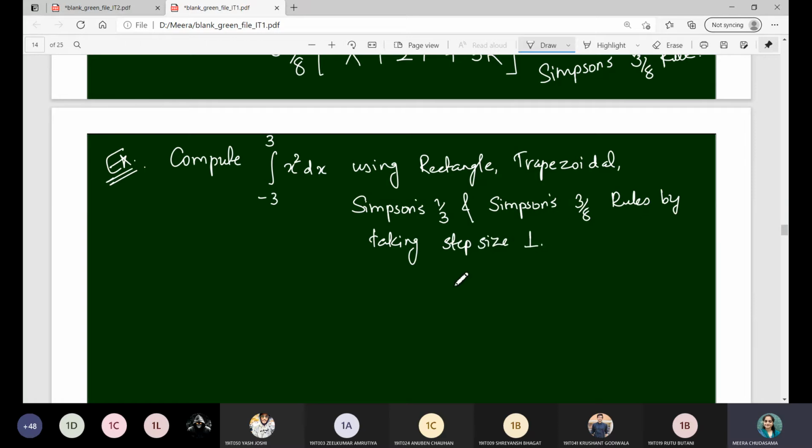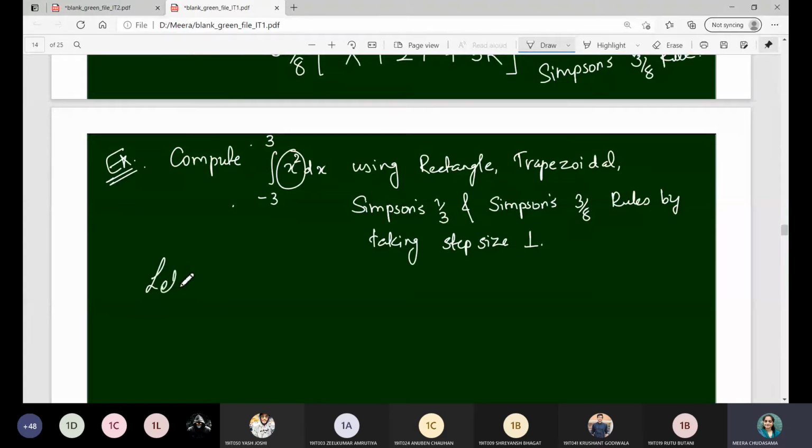So if you observe, we are just given the upper limit, lower limit of the integration, the integrand as a function, and we are given 4 rules we have to apply by taking step size h. No data points, no corresponding y values are given, that we have to construct, right? So the initial point we are given.